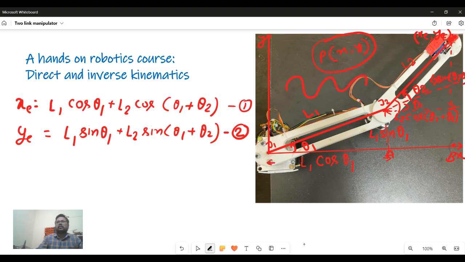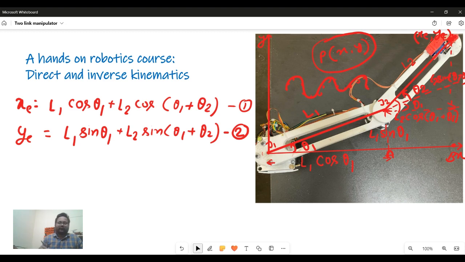This trajectory is a combination of infinitely many points. Corresponding to these points, if you can find theta 1 and theta 2, then you can move these stepper motors, and the robot end effector will track this trajectory automatically. So that is inverse kinematics.